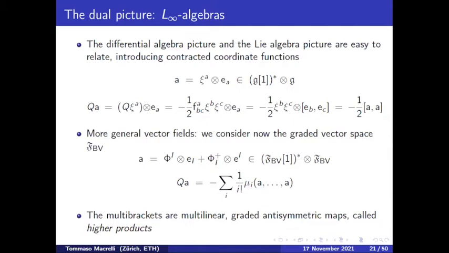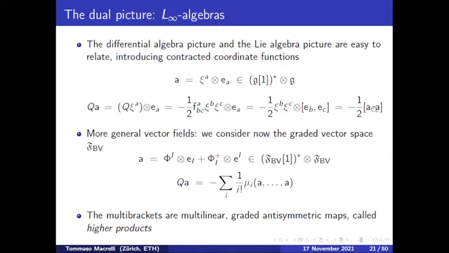We can see this duality in a very compact way, introducing what are called contracted coordinate functions, that are just the tensor product between the dual basis and the original vector space basis. Now we can act with Q on this contracted coordinate function. And this action dualizes in this way, as I described, to Lie brackets.